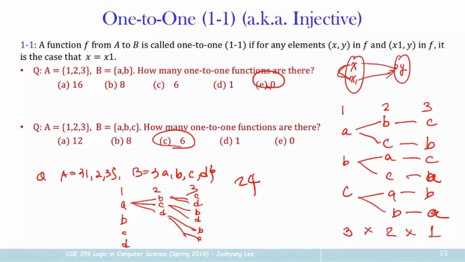In other words, if they are different, then they should also map to different y's. Now, I'm going to use this definition because that's easier to write in Clingo. So recall that if you have x mapped to y and x1 mapped to y, for this to be one-to-one, x and x1 must be the same element. That's the definition.